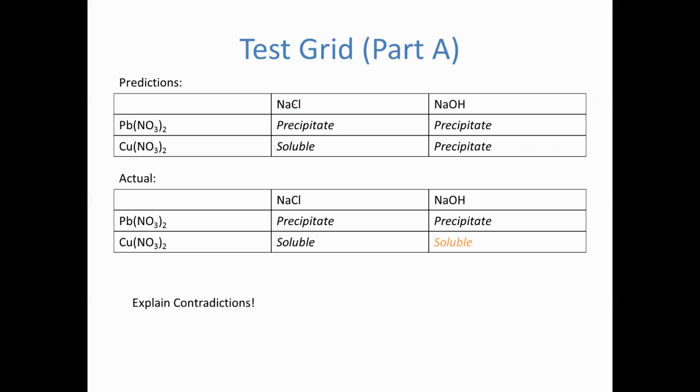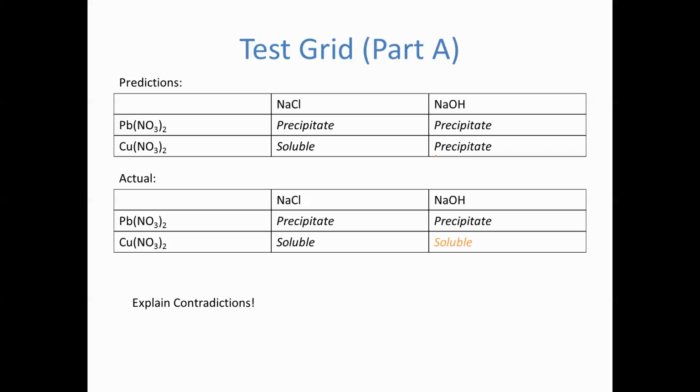Copper and chloride should be soluble, so we should see no precipitate in the reaction of the copper nitrate with the sodium chloride. And of course, all sodium compounds and all nitrates are soluble. And then finally, copper and hydroxide. Hydroxides are generally insoluble, and so we should see a precipitate form there. So our predictions are that 3 out of 4 of these compounds should produce precipitates based upon the solubility rules.